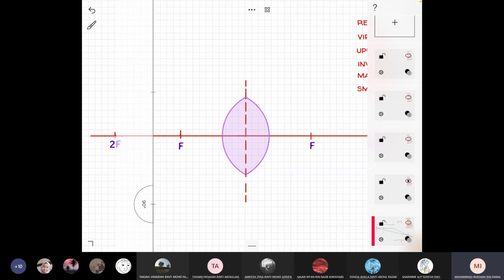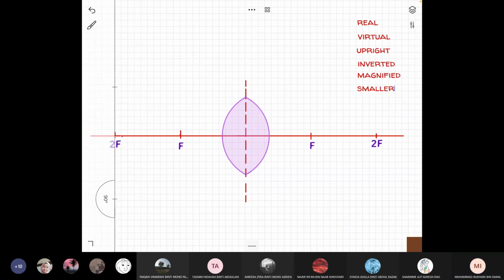This is the next one. Here is the object. The object is exactly on 2F.